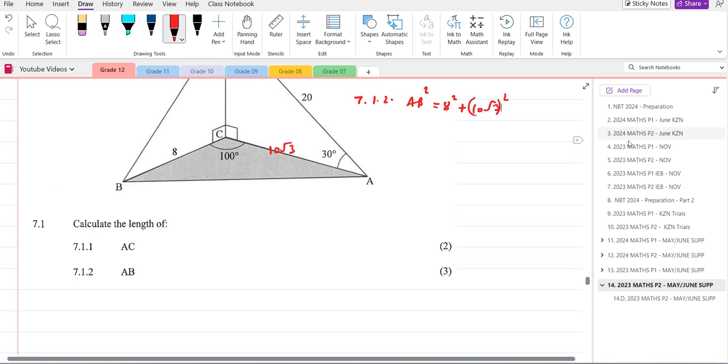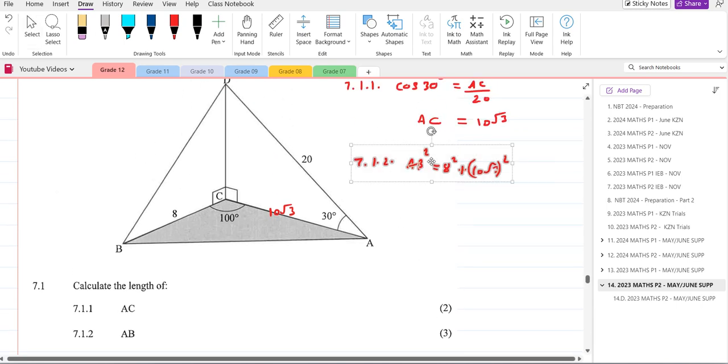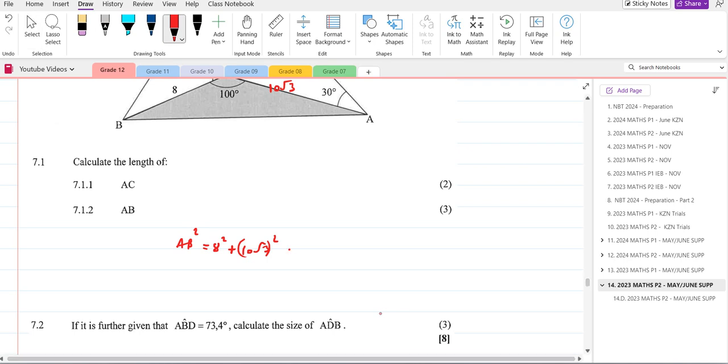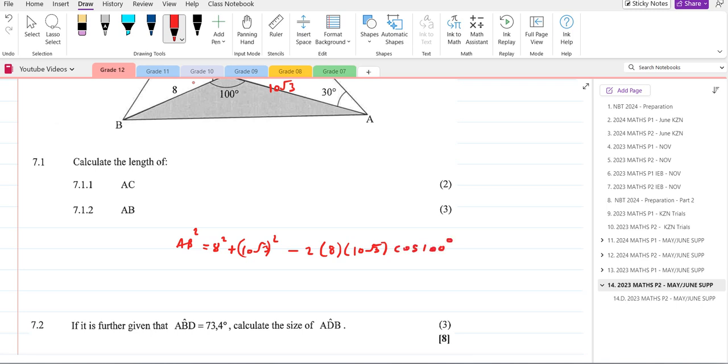Let me write this at the bottom. 10 root 3 squared minus 2 times 8 times 10 root 3 cos 100 degrees. I'm just going to get all this on the right hand side and then square root the answer.